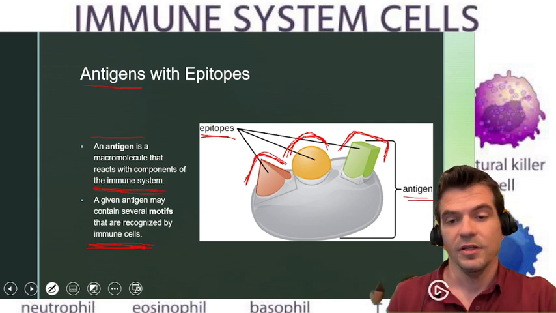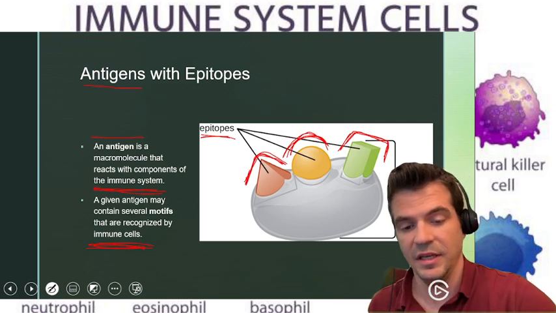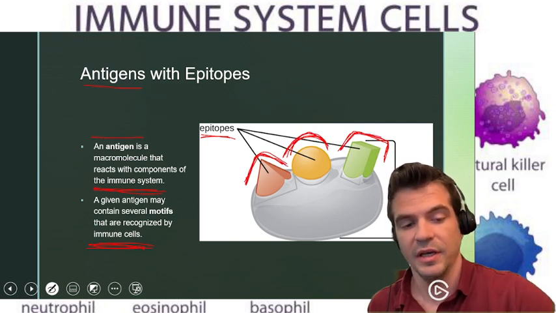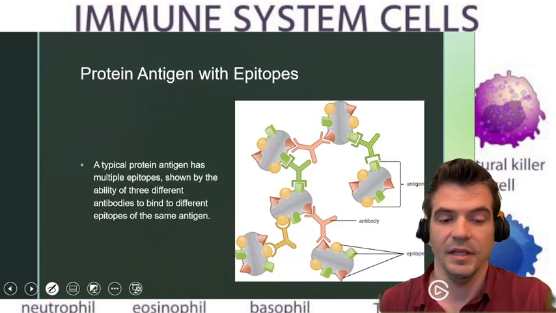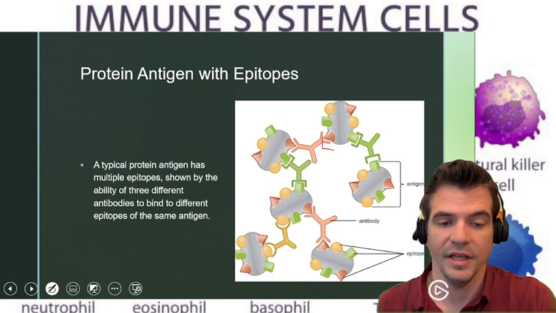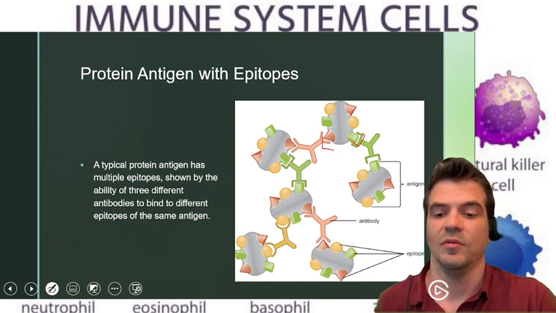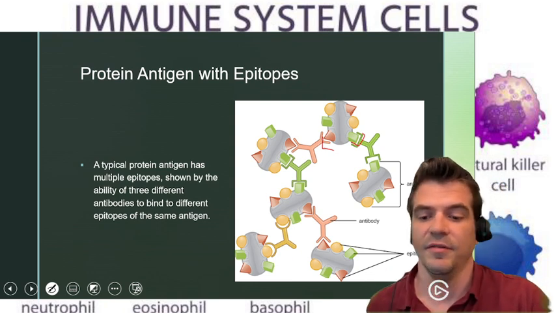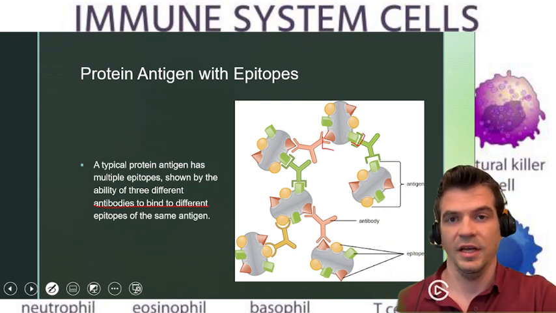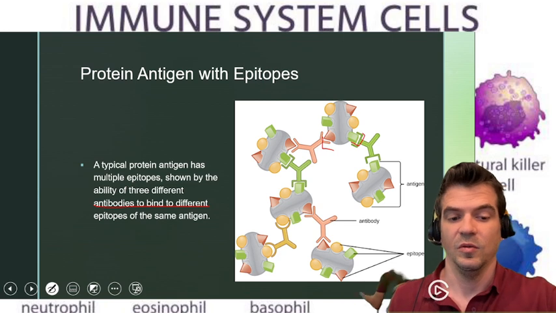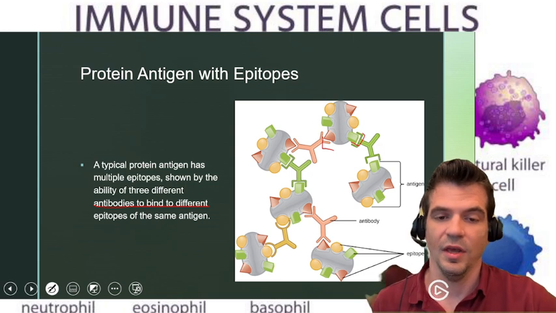So now we see what an antigen is, and we see what an epitope is, and we see the inverse of the epitopes, and that inverse of the epitopes is what we see here in the antibodies. See how they're all that shape that I was drawing? A typical antigen with multiple epitopes can have different antibodies that bind to different epitopes. So different antibodies for different epitopes, even though it could be the same antigen, like pollen or dander.